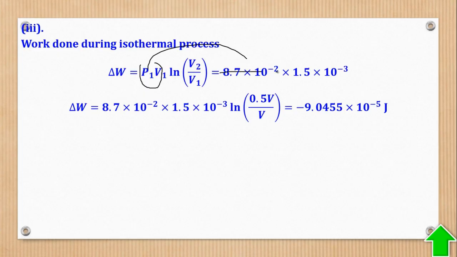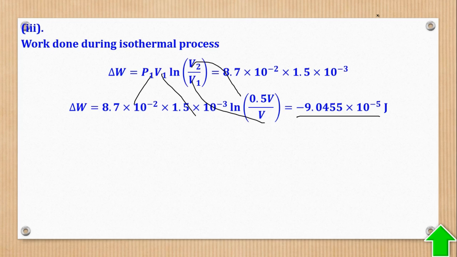So this one, ignore it. Ignore this line. This is the correct line. So come and substitute for P, V2, V1. You'll come up with a negative. And I think you remember we said when there's a negative, it means there was an isothermal compression. So that's why there's a negative.